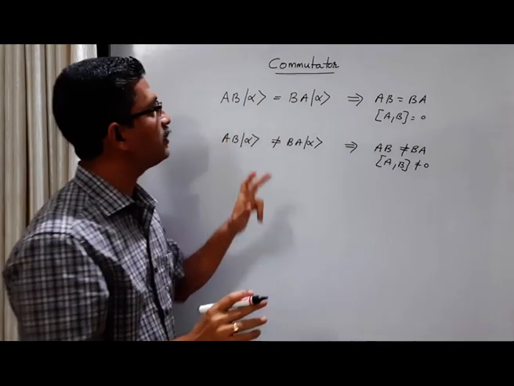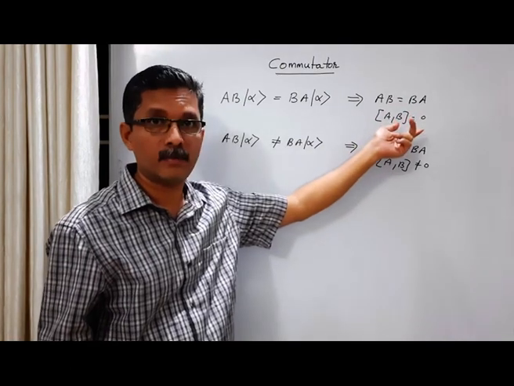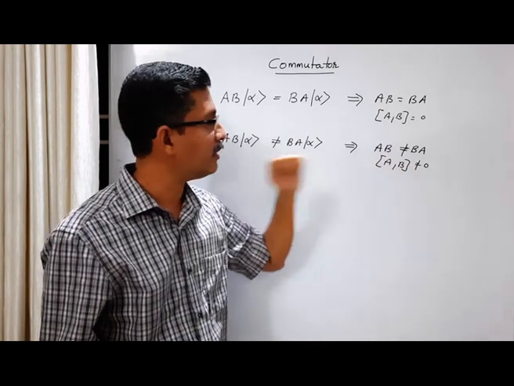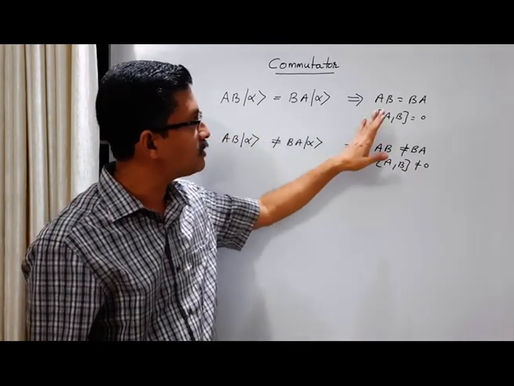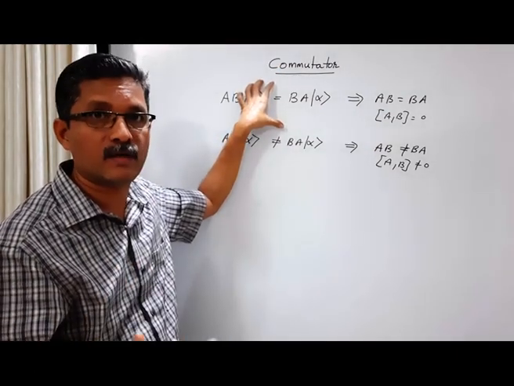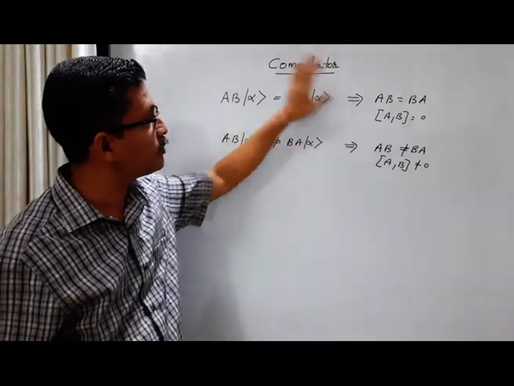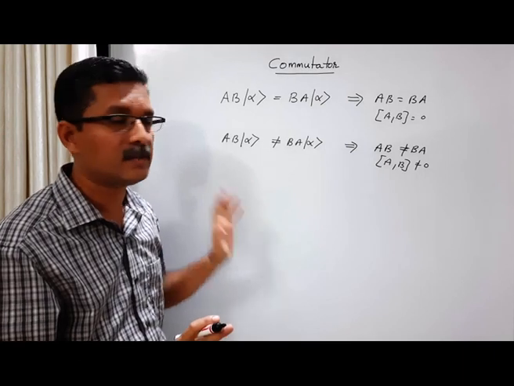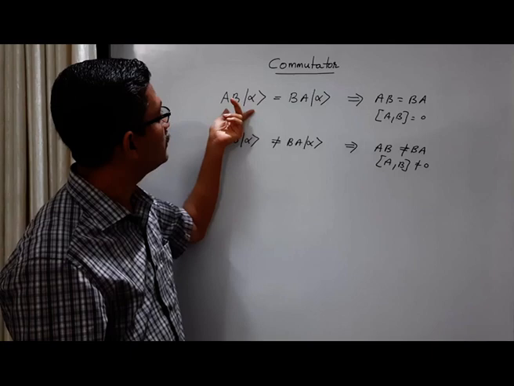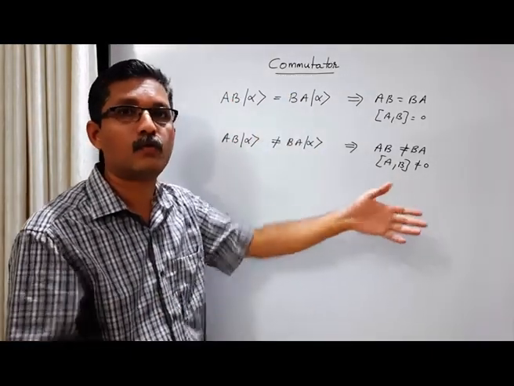My point is, whether you want to say that two operators are commuting or non-commuting, that result should be established in connection with a general or arbitrary ket vector in the vector space. Or in other words, that relationship should be true for any vector in the vector space. Only then can we say that. Sometimes it's possible that this relationship is true for a particular vector in the vector space, but need not be true for all vectors.